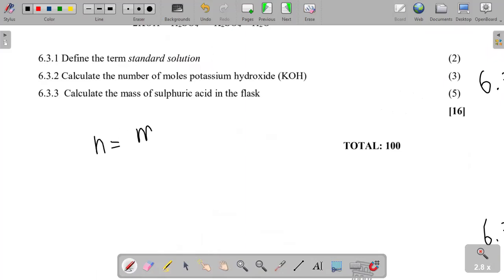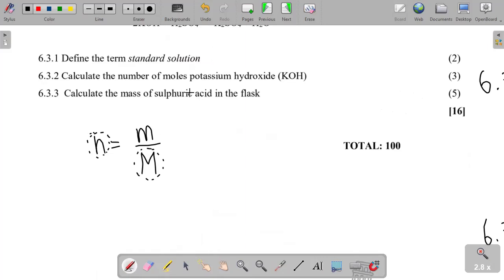Because we should say m over M. This number here, we can get it from the periodic table, you see? But then we still can't do anything if we don't have the number of moles. So if we can get the two numbers, then we can change the subject in order to find the mass. So the first thing that we gotta do here is find the number of moles for sulfuric acid.